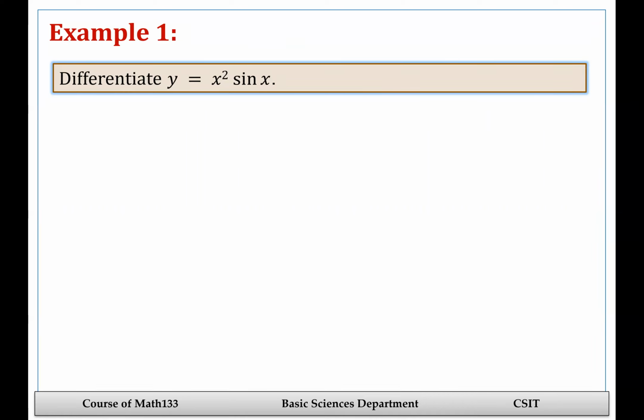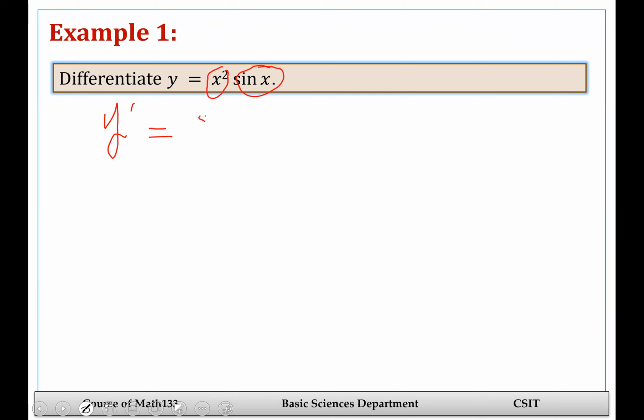So if we have the function y equal to x squared sine x, and we want to find the derivative, okay, then I will compute here y prime. So y prime, this is the product rule. I will differentiate the first function, which is multiplied by second one.